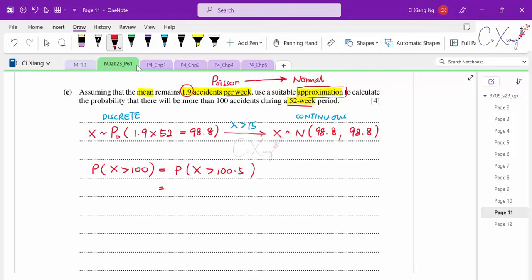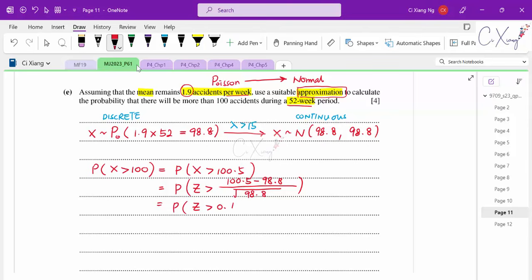Right, so after you decide the continuity correction already, then you can proceed with the calculation for probability. Again, now we are having it as a normal distribution, therefore you have to standardize it become Z. So for the standardization, it will be 100.5 minus the mean, then divided by the standard deviation, so divided by square root 98.8. Again, try to find out the value of Z correct to 3 decimal places.